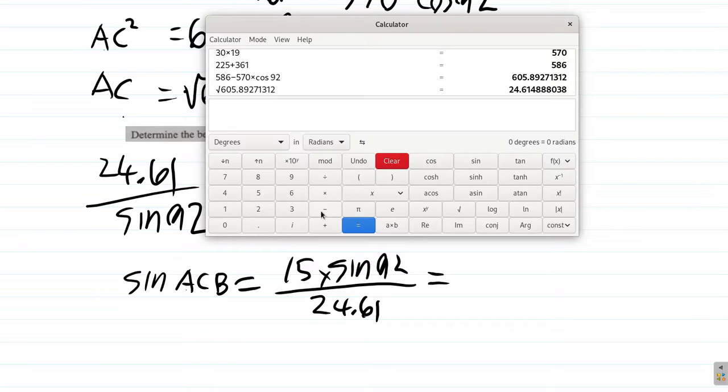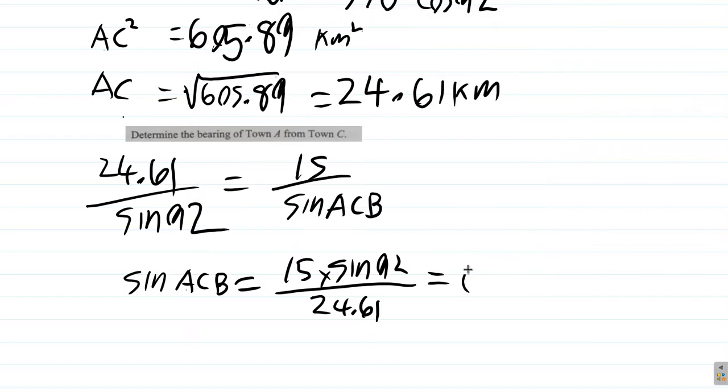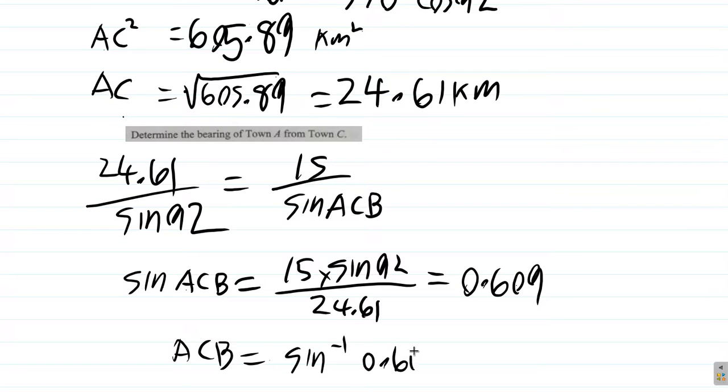That's 15 times sine 92 over 24.61 equals 0.609. So the angle ACB is equal to sine inverse of 0.609.